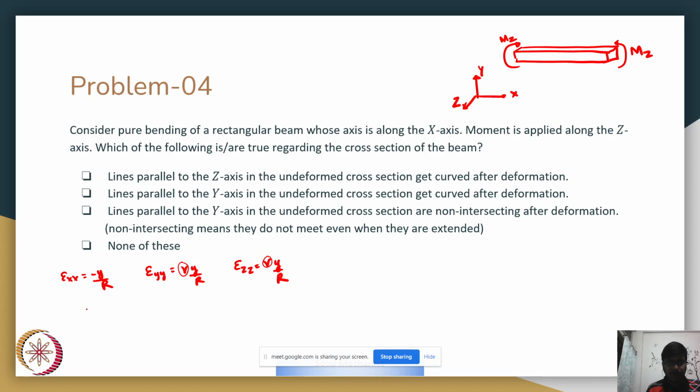Using this, if I draw the beam cross section, I label this point O as the center of the beam, and the beam is given as rectangular.